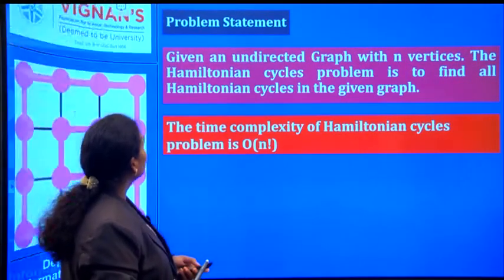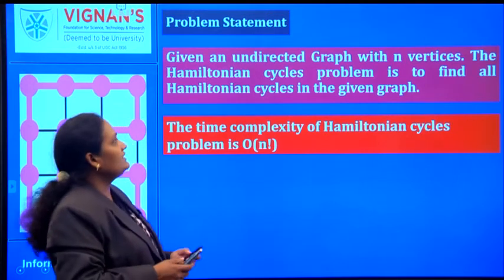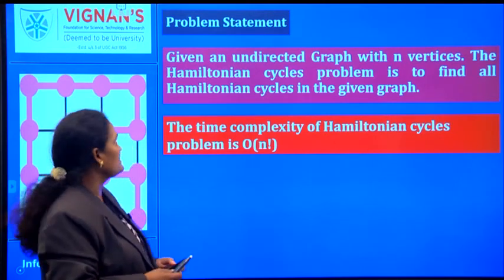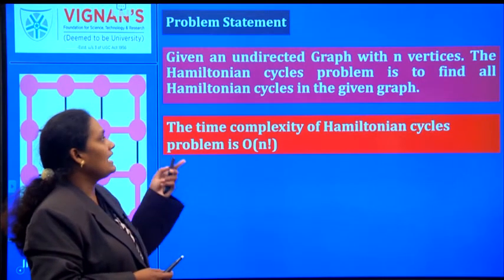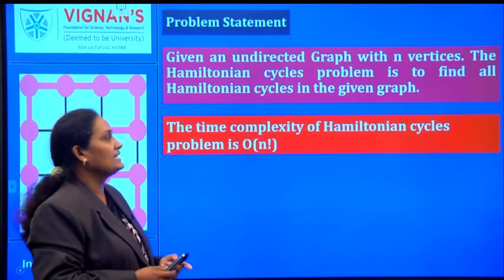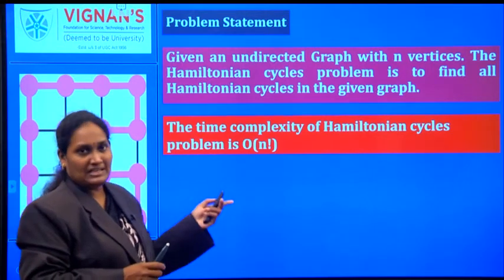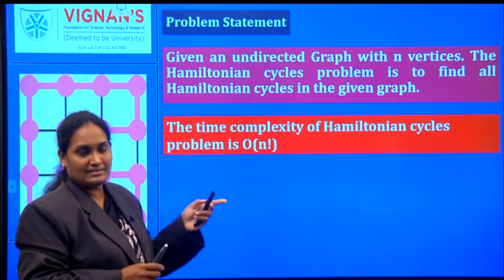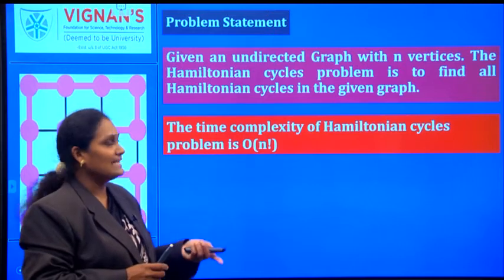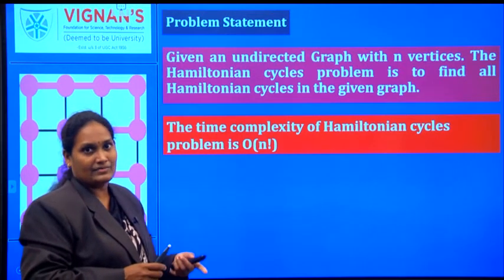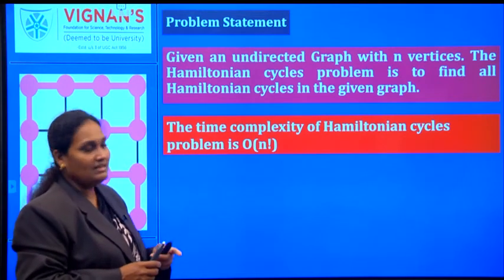Now, let us see the next one. Problem statement. Given an undirected graph with n vertices, the Hamiltonian cycles problem is to find all Hamiltonian cycles in the given graph. We need to find the Hamiltonian cycles present in the graph by following the backtracking method.